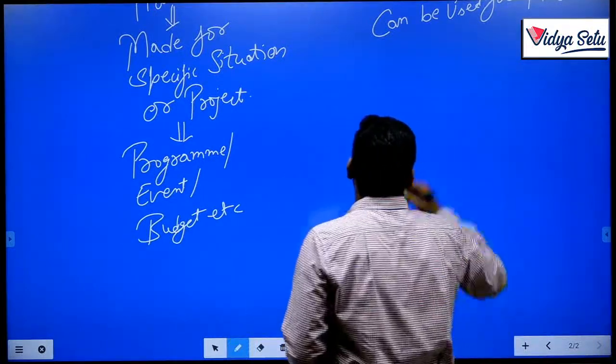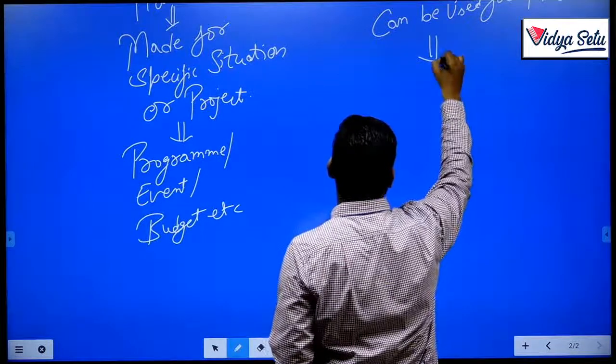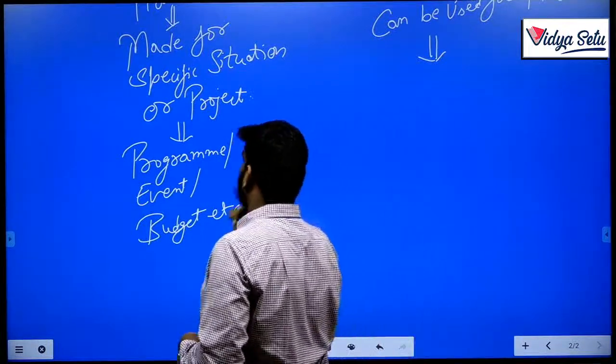Clear? And what are the examples of standing plans?